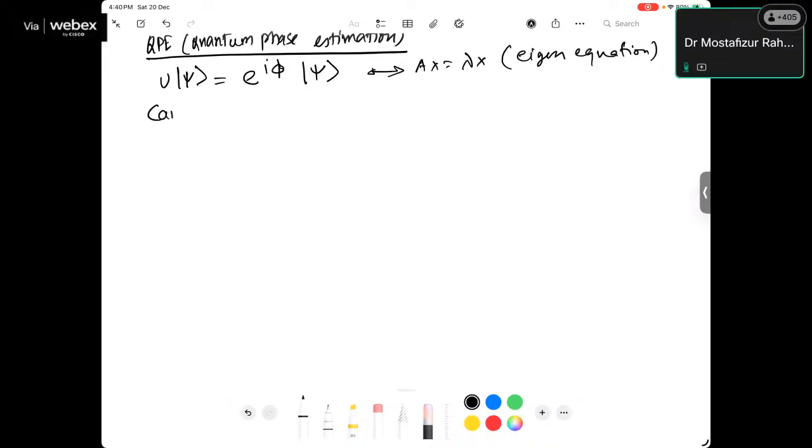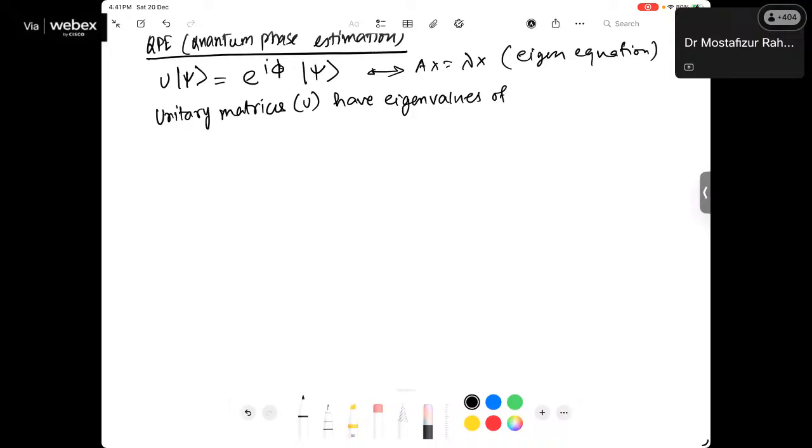So the question is: unitary matrices like U have eigenvalues of the form e to the power i theta, right?